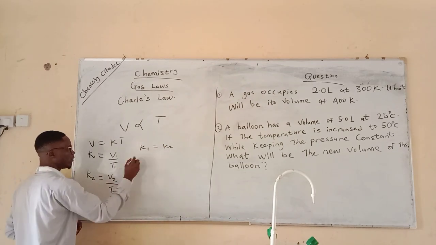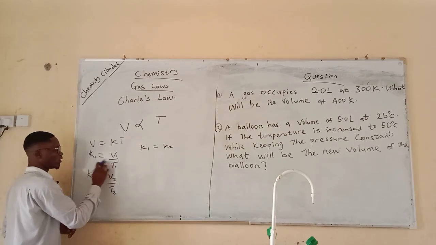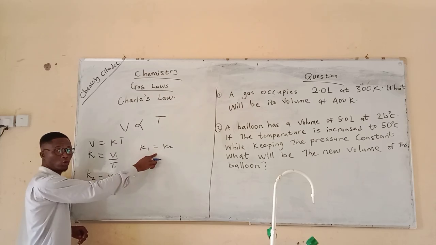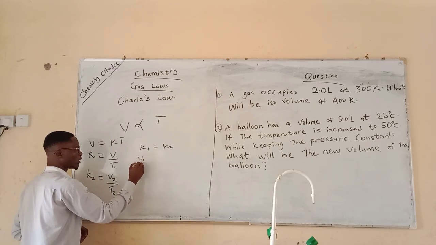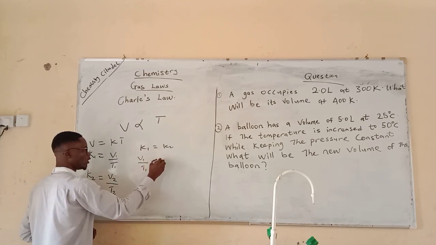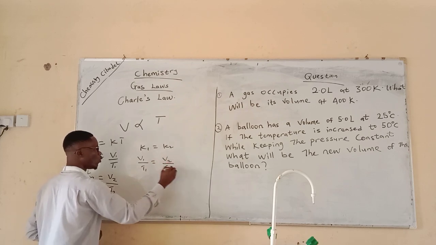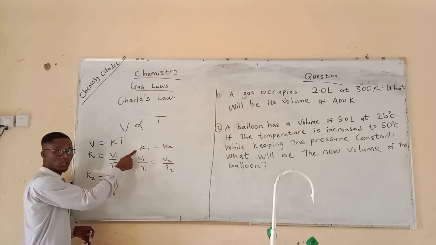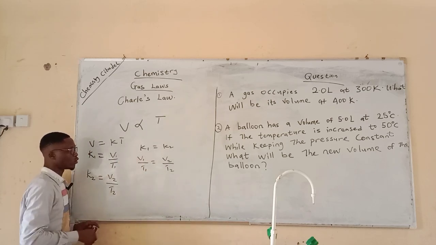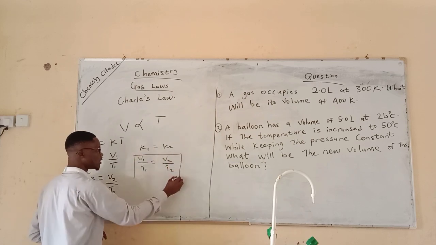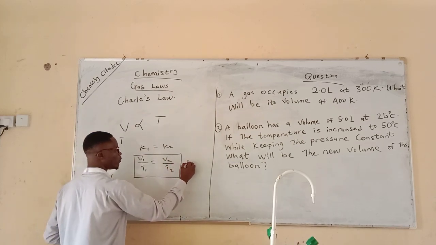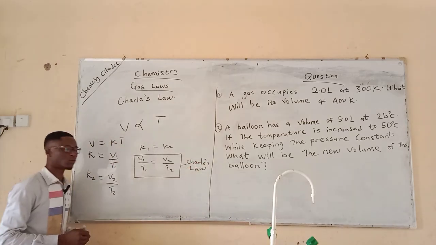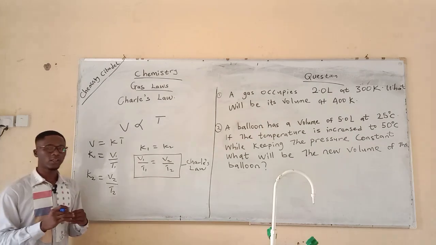That is, V1 over T1 is equal to V2 over T2, because the whole of this is equal to K2 and the whole of this is equal to K1. So with this, you can say this is the formula for Charles' law.